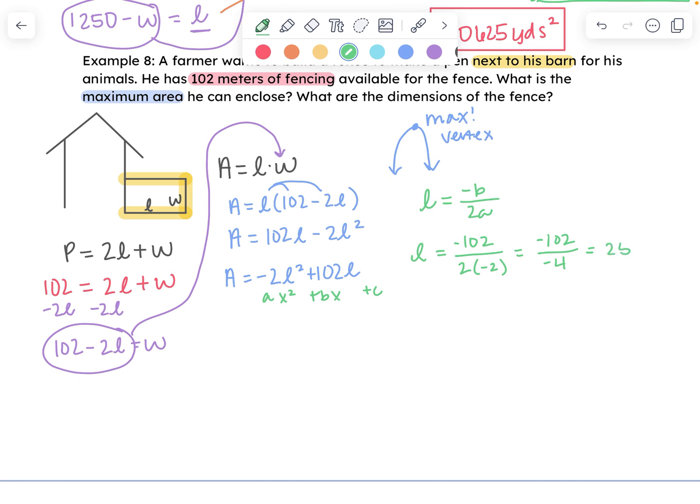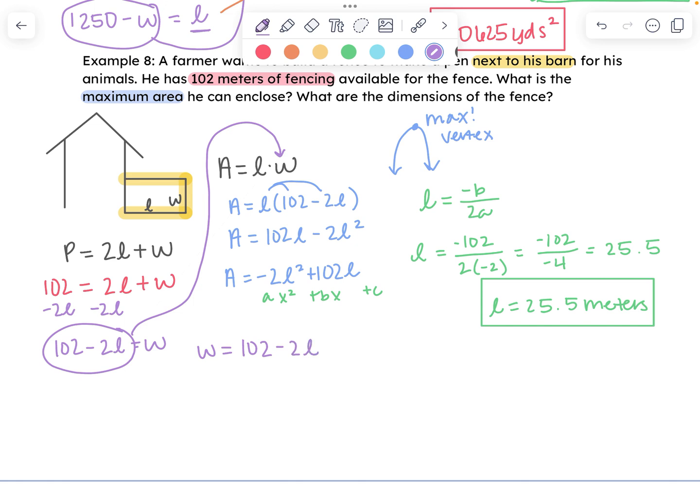Which would be 25.5, so my length is 25.5 meters. To find my width, I'm going to plug it back in over here: 102 minus 2L.